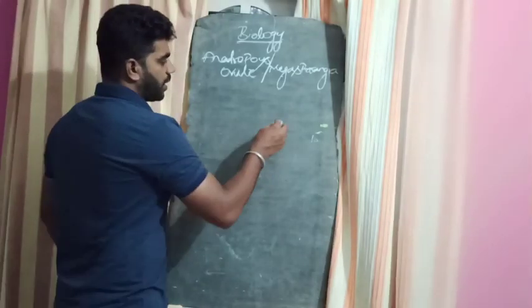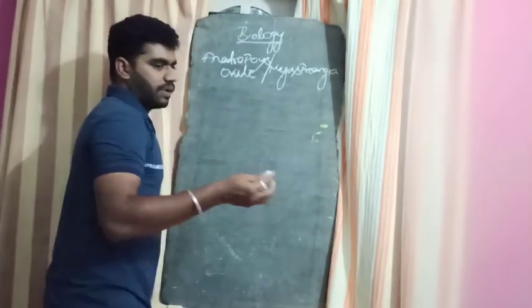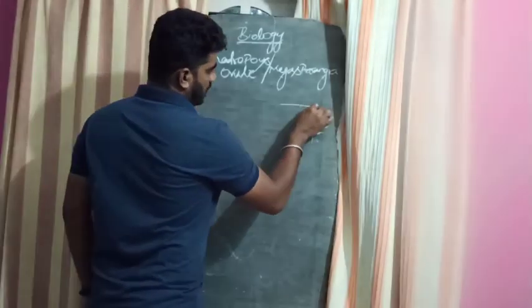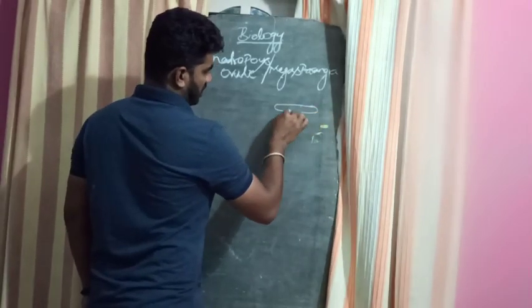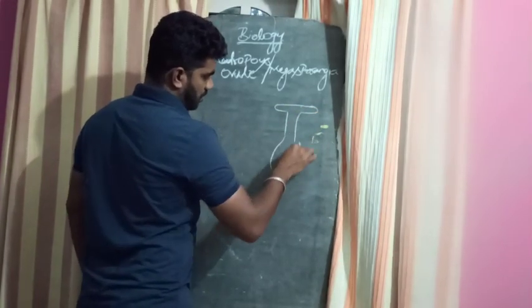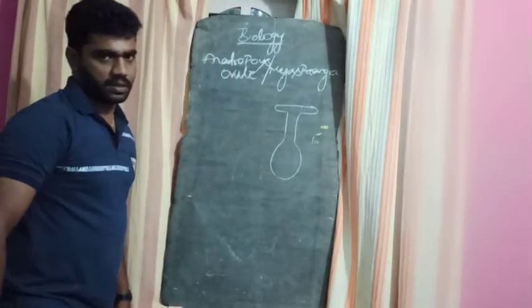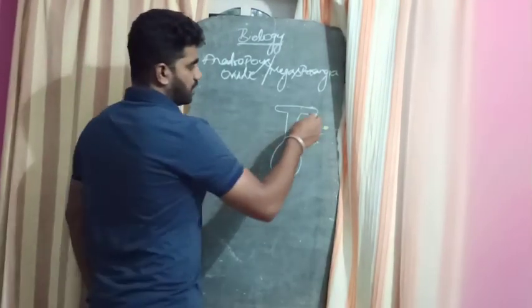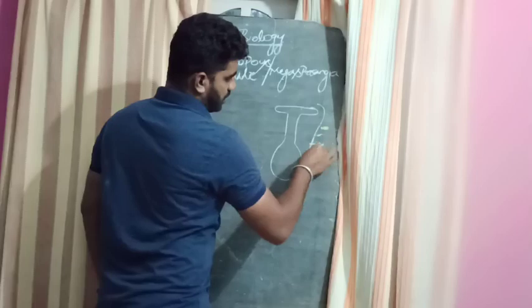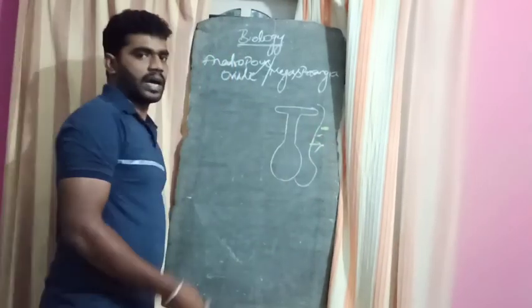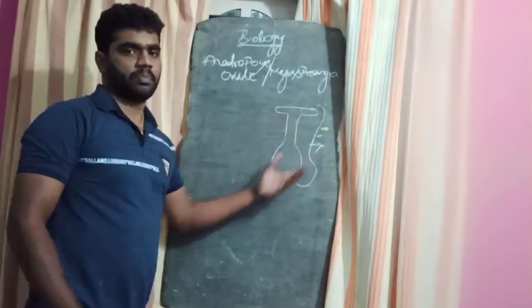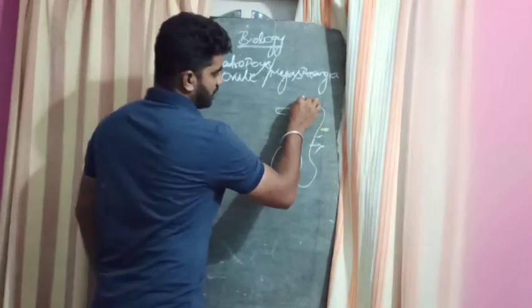In a flower, you might have seen the female part, which is also called gynoecium, and it appears a bit like this. This part we call the pistil or the carpel, and it can be divided into three parts.